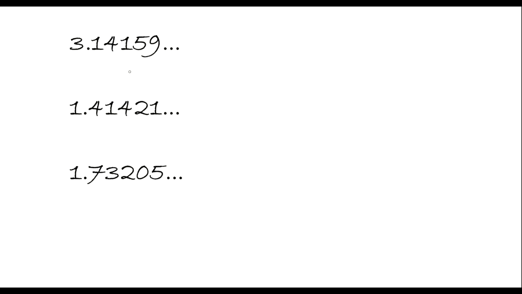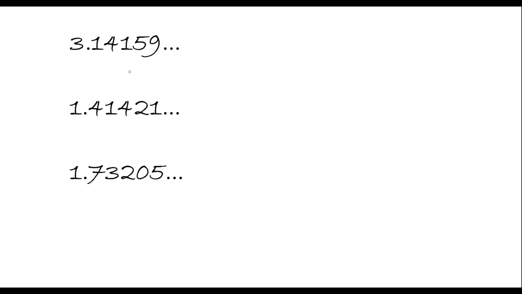So what do we have here? We have some decimal numbers that are not terminating decimal numbers, and that are not repeating decimal numbers also. So these numbers are a different kind of decimal numbers, and we have to name them differently.